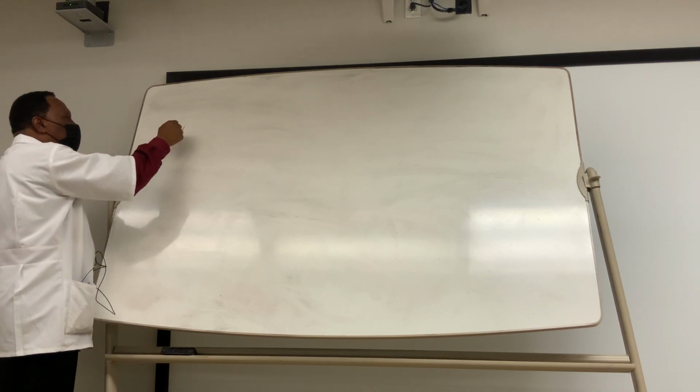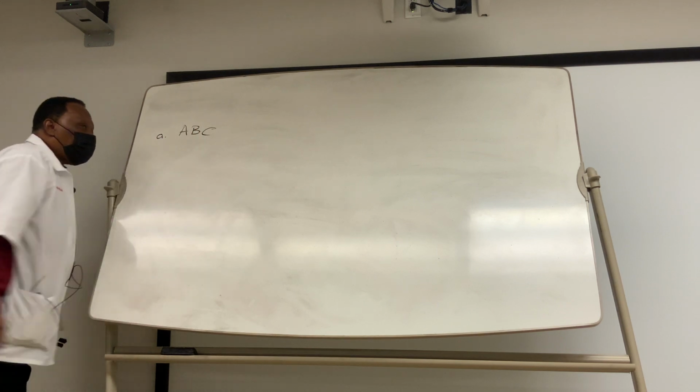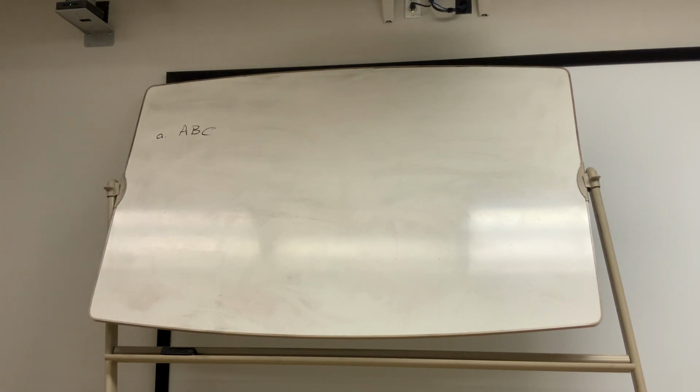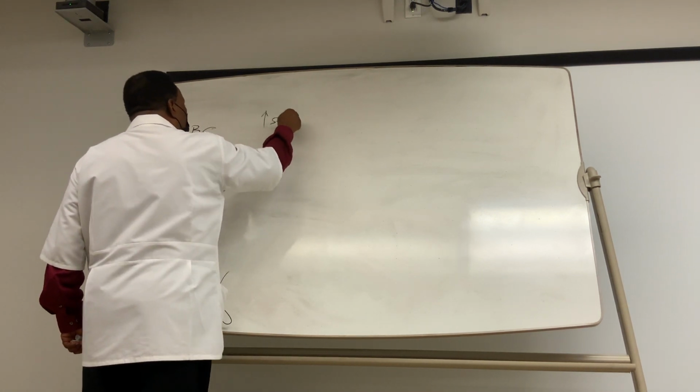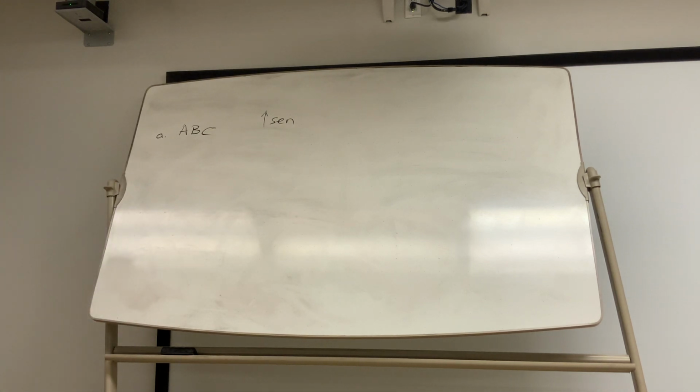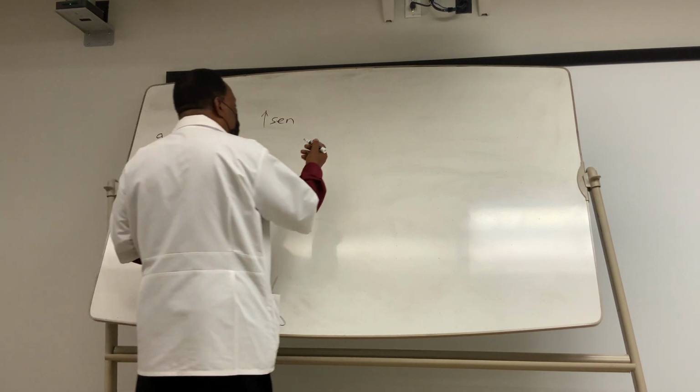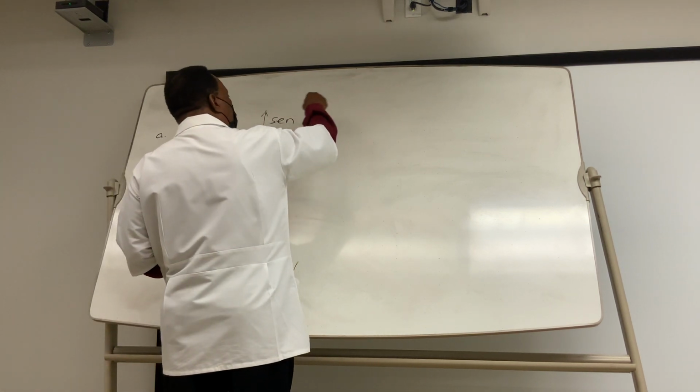For instance, abacavir, ABC, the outstanding adverse effect of ABC is actually hypersensitivity. Hypersensitivity resulting from the administration of ABC can actually lead to death. And so it's something that is very often looked at.